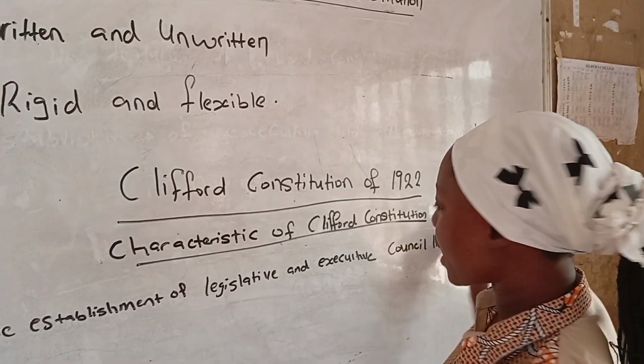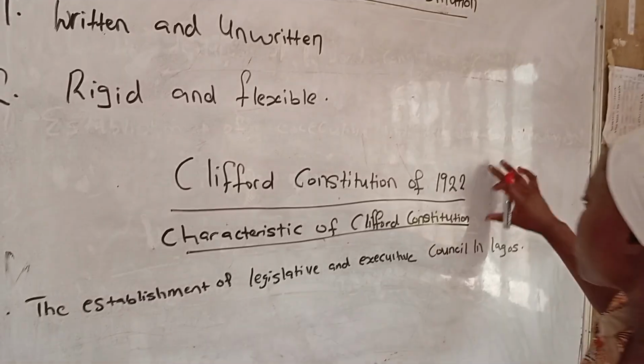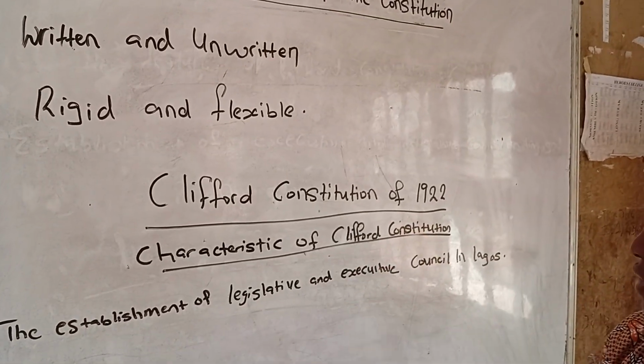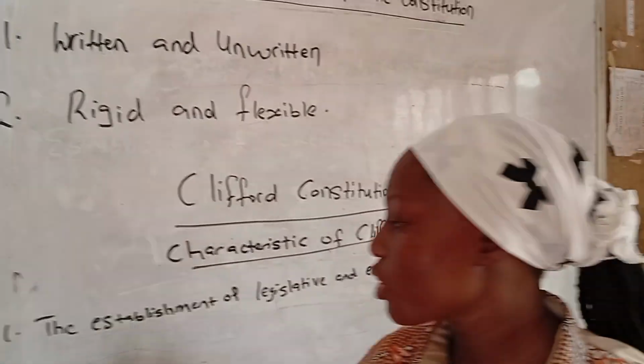During this Clifford Constitution, there was the establishment of the executive and the legislative council in Lagos.